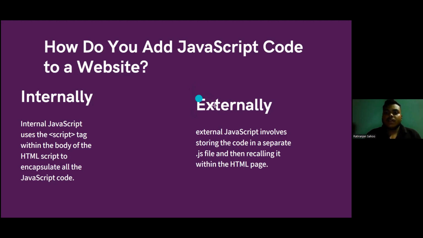Then another method is externally. In the external method, the JavaScript code is written outside of the HTML code, in a file with the .js extension. Then the JavaScript file is added to the HTML code in the head tag using the src attribute.